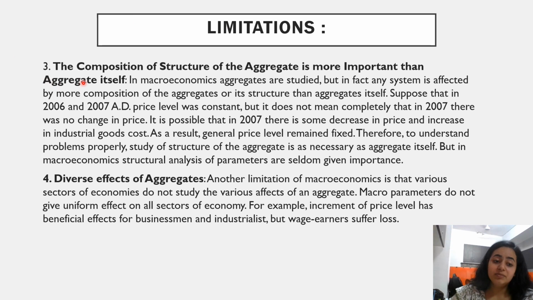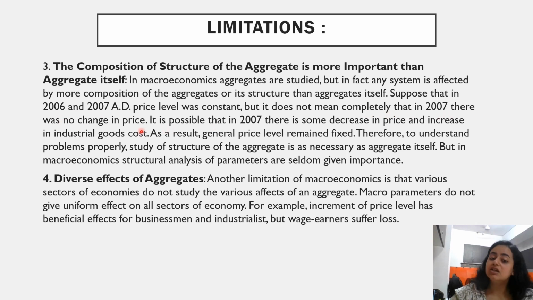Another limitation is that the composition or structure of the aggregate is more important than the aggregate itself. So how we are making the composition or structure of the aggregate is more vital. In macroeconomics, aggregates are studied, but in fact, any system is affected more by the composition or structure of the aggregates than by the aggregate itself. Suppose that in 2006 and 2007 AD, the price level was constant, but it does not mean completely that in 2007 there was no change in price.